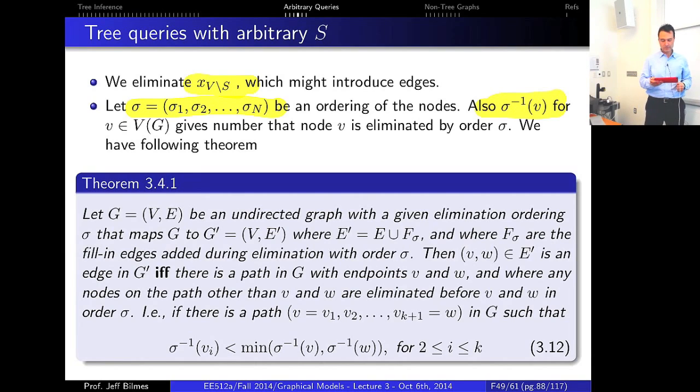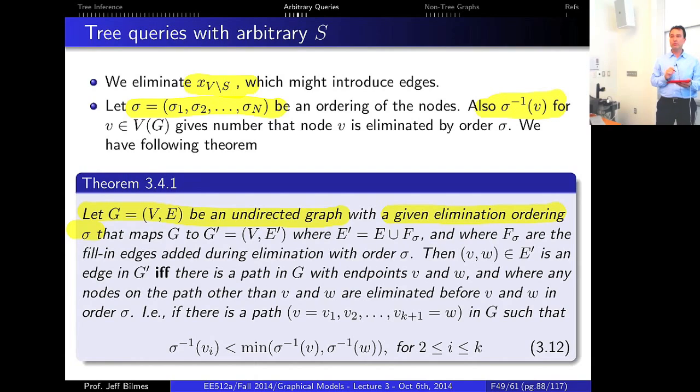Okay. So here's what the theorem states, and I think it's critical to understand the statement of the theorem. It's less critical at this moment to understand the proof, but let's make sure that everybody understands the theorem first. Basically, we're starting out with an undirected graph, G, and we've got an elimination ordering, an ordering of the nodes sigma.